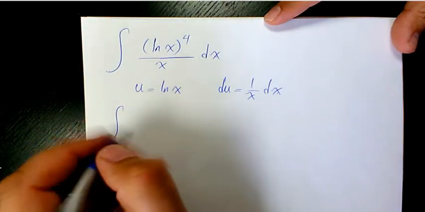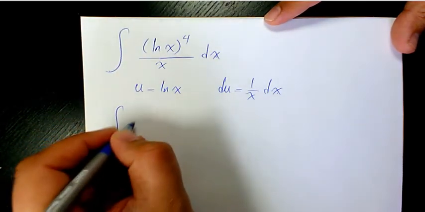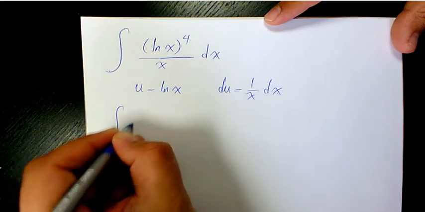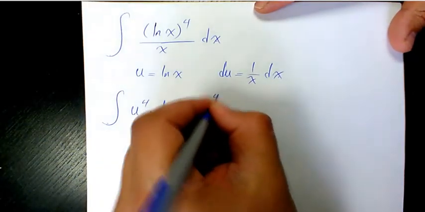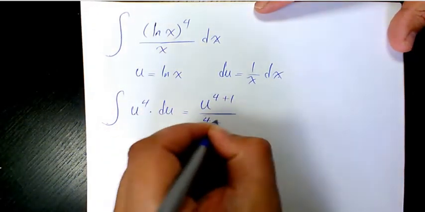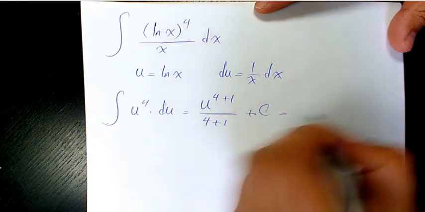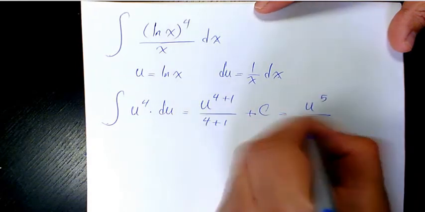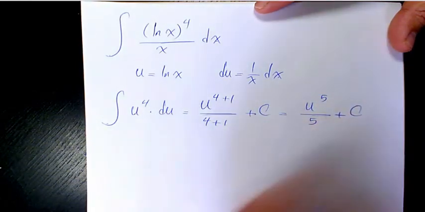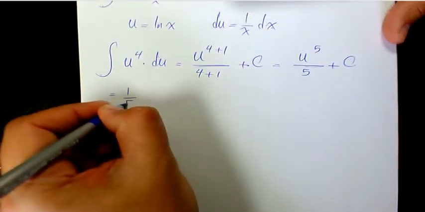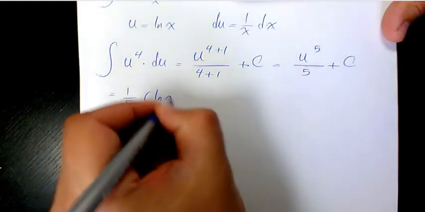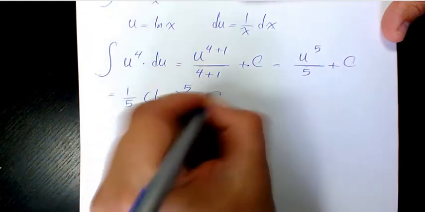Then it's going to be the integration of u to the power of 4 times du. That's going to be u to the power of 4 plus 1 over 4 plus 1 plus c, which is equal to u to the power of 5 over 5 plus c. So 1 over 5 (ln x) to the power of 5 plus c.